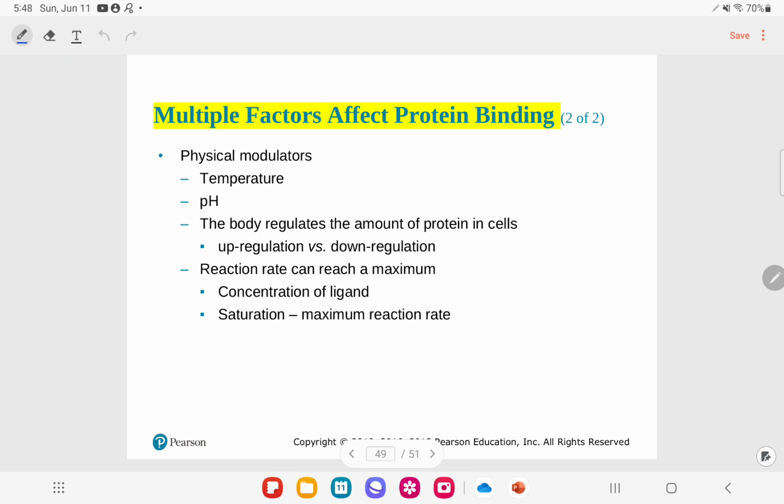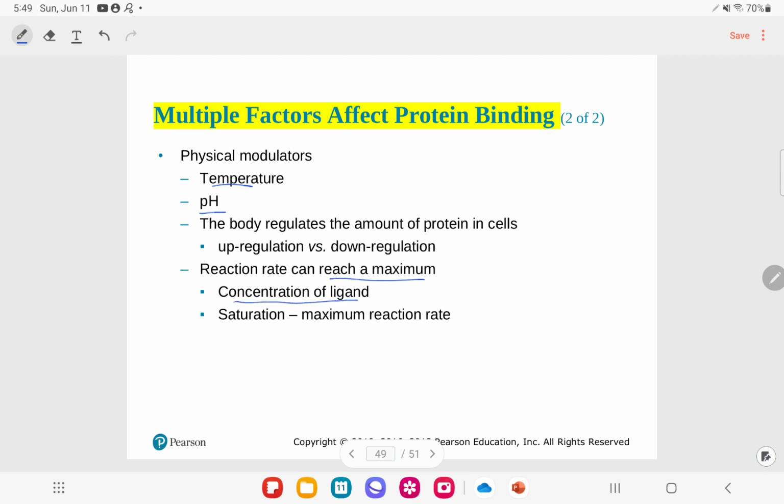And we have multiple factors that will affect protein binding, right? Physical modulators. So remember this. Temperature will affect how a protein will bind and interact. pH, right? The body will regulate the amount of protein in our cells, where we will upregulate or downregulate it. The reaction rates also are a huge factor, as those reaction rates can reach a maximum, and that's going to be with saturation.